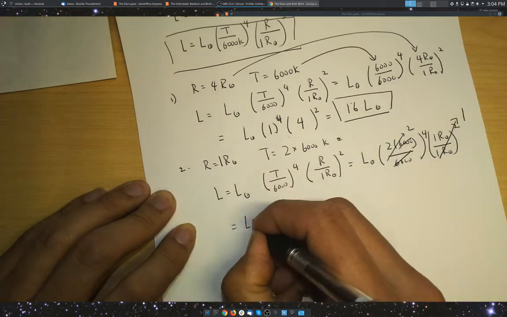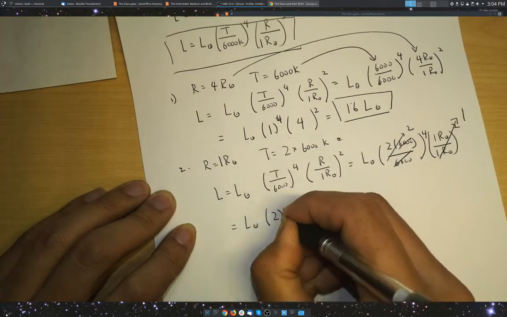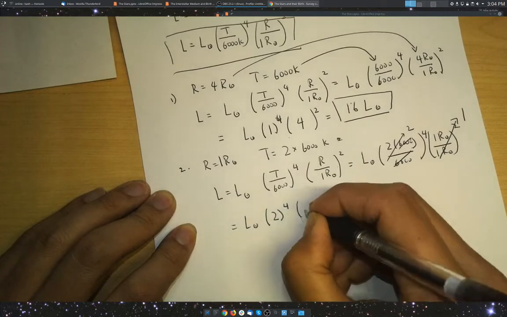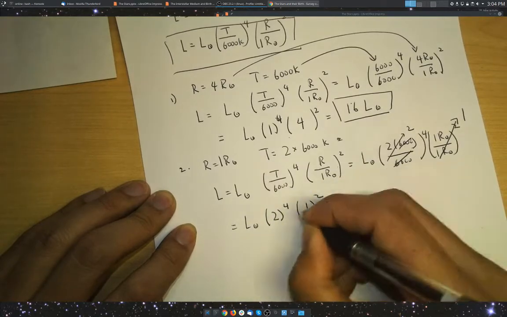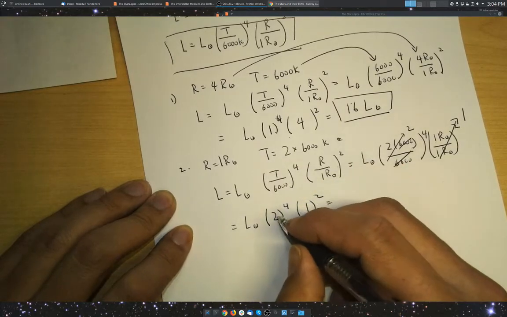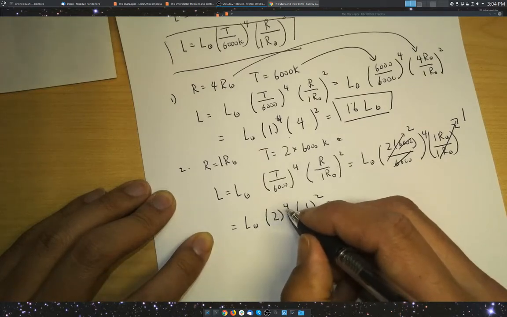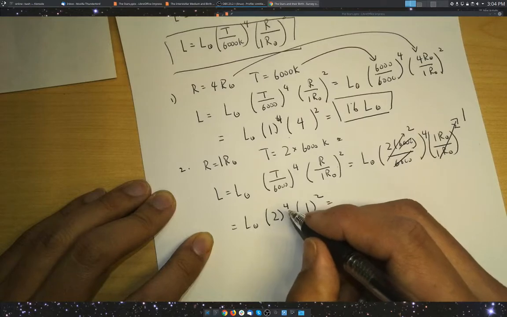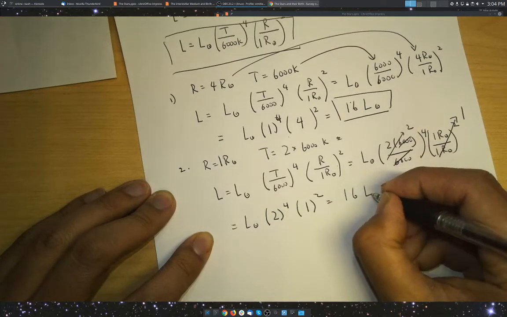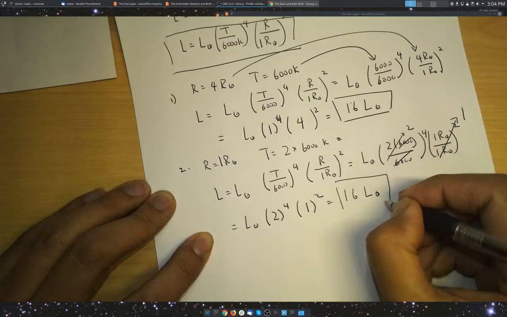So it's L solar times 2 to the fourth times 1 squared. 2 to the fourth is 2 times 2 is 4, times 2 is 8, times 2 is 16. So again, 16 solar luminosities.